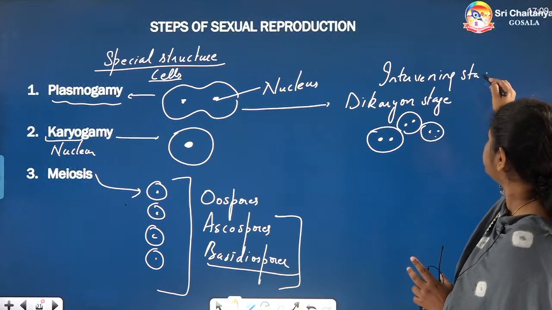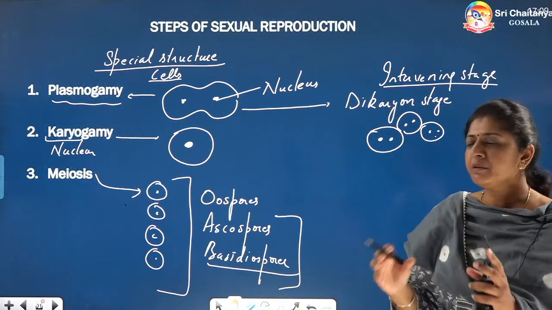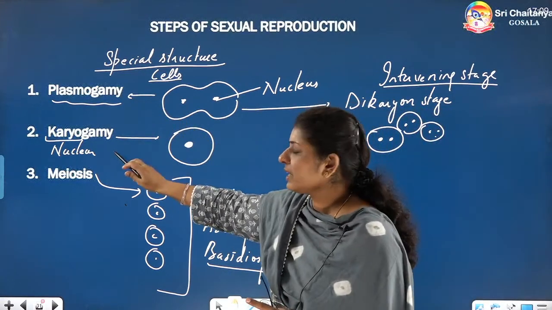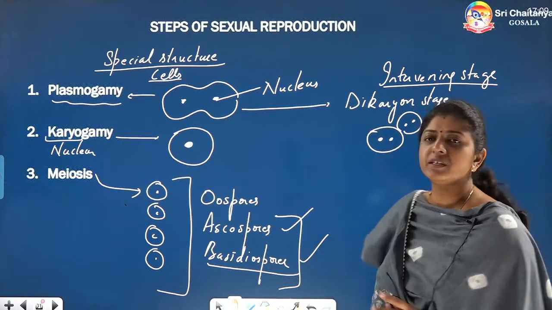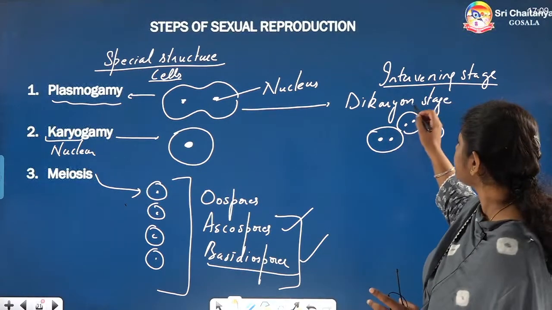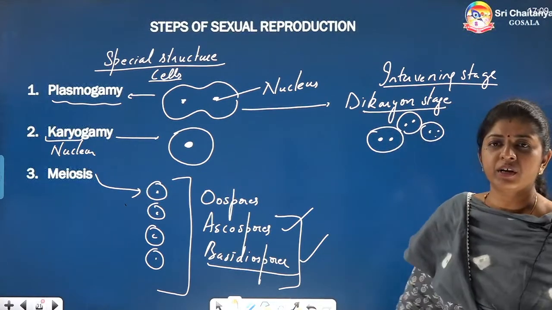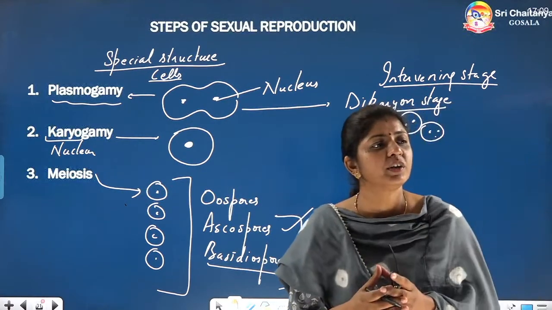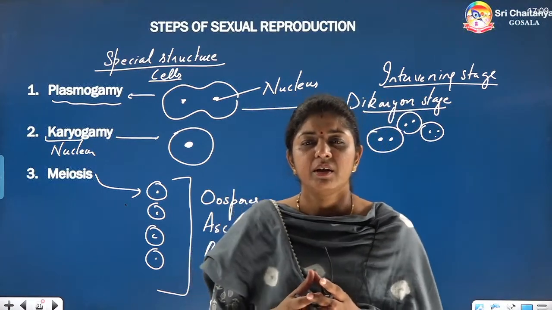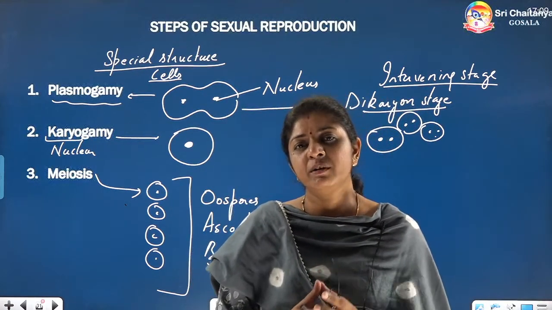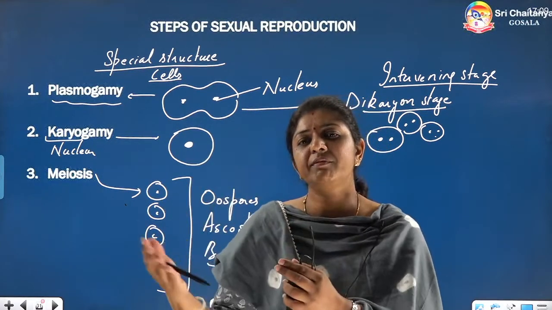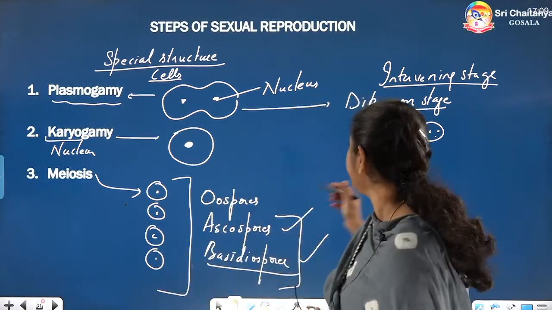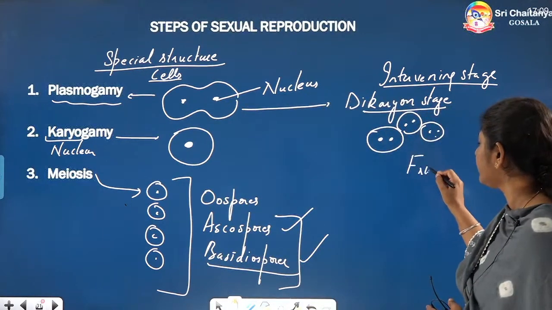Intervening stage means that in between plasmogamy and karyogamy, in the case of formation of ascospores and basidiospores, the dikaryon stage forms. Immediate fusion of the nuclei is not happening. The two-nuclei condition will keep on dividing further and giving rise to the fruiting body.